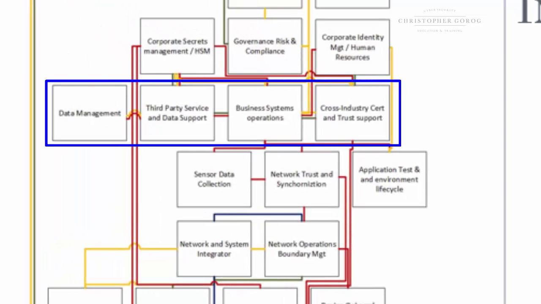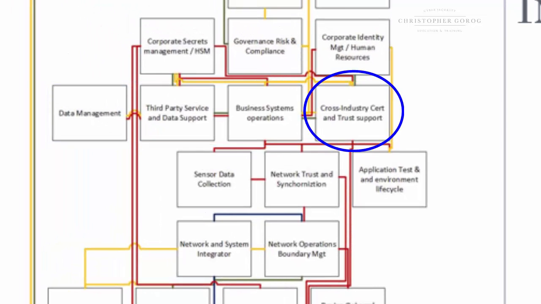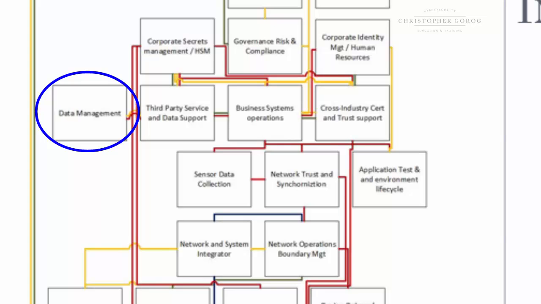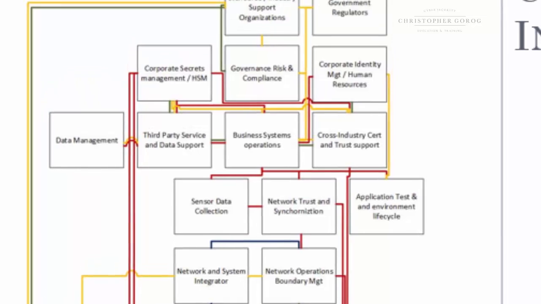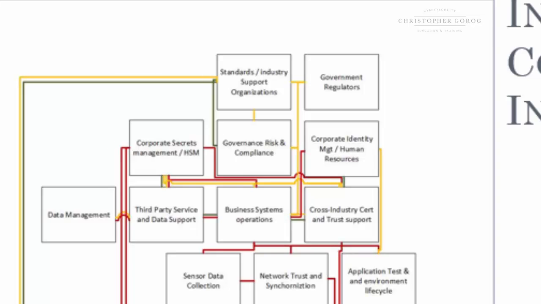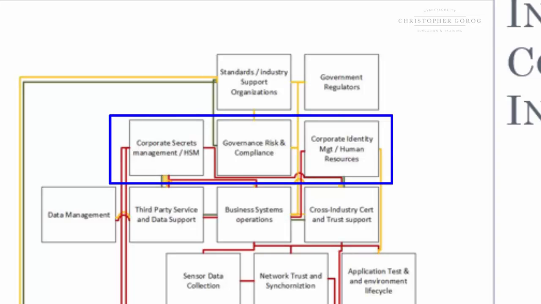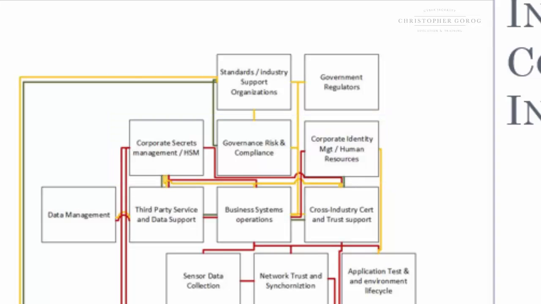And at the business system level, you see the interface between cross-industry support and the business systems and third-party support, as well as data management of how that data operation is done and managed in those third parties. And then we keep moving up to the next level. We see the business organization, the governance and risk compliance, and identity and access management and the corporation human resources and how that interfaces.